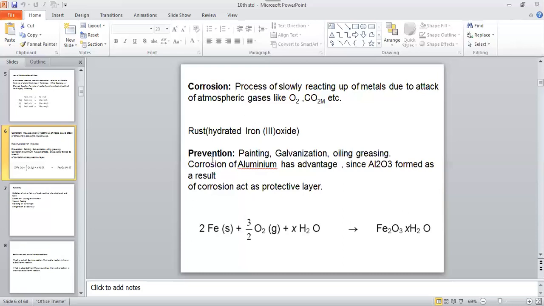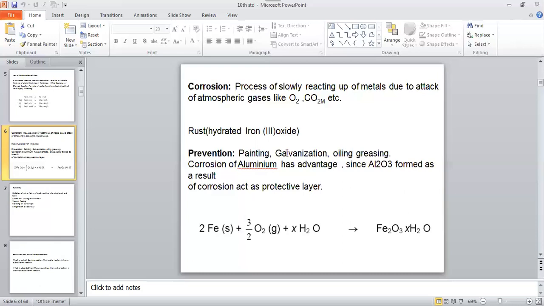Then how is it prevented? That is called prevention of corrosion. Corrosion can be prevented by painting. As an example, window grills can be painted so that corrosion can be prevented.